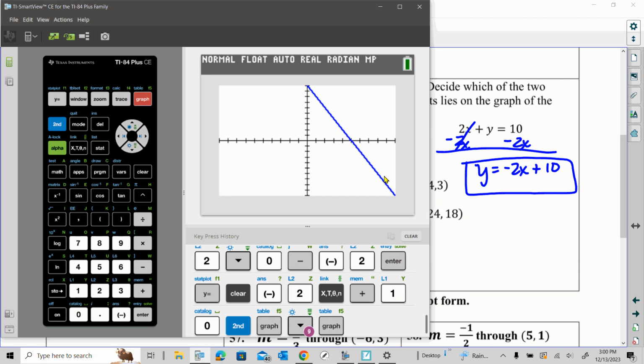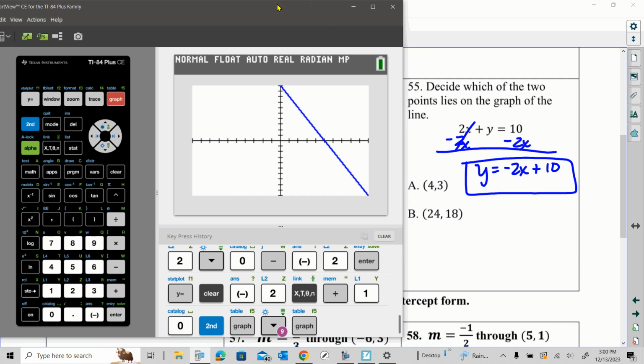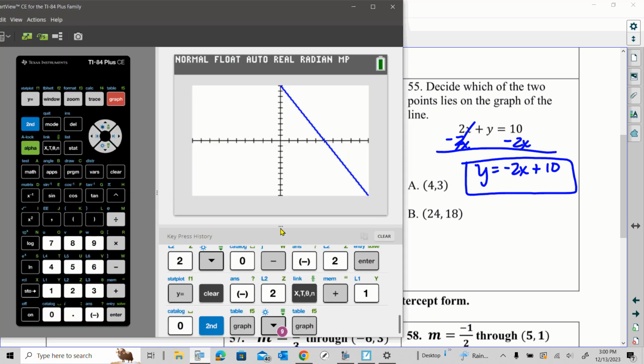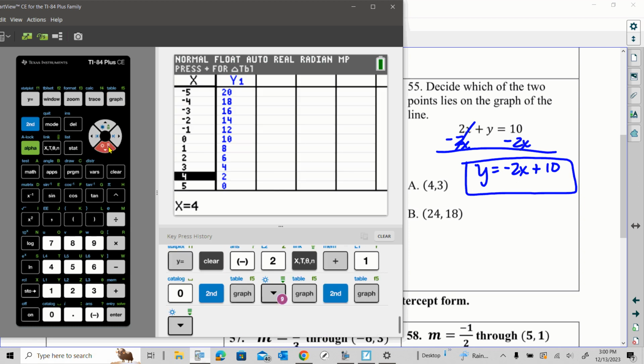Now, the next point we're looking at, if you look right here, is (24, 18). So you can either scroll down, go back to your table, second graph, and just go down all the way to 24. That takes a while. There's a shortcut. Anything in blue means you have to hit the second button first.